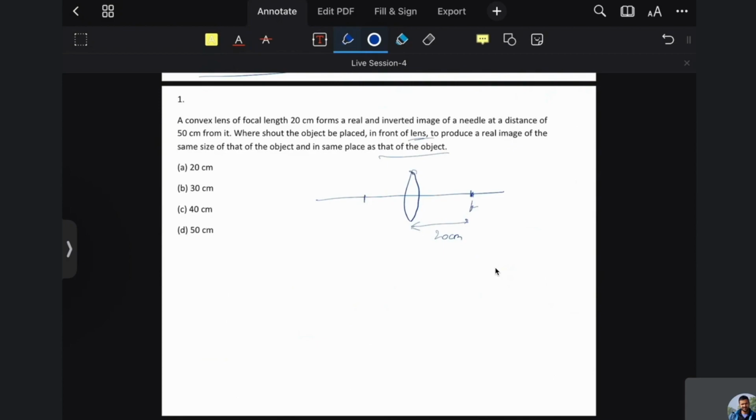So here two pieces of information are given: focal length is 20 centimeter and the image distance, so v is given, 50 centimeter.